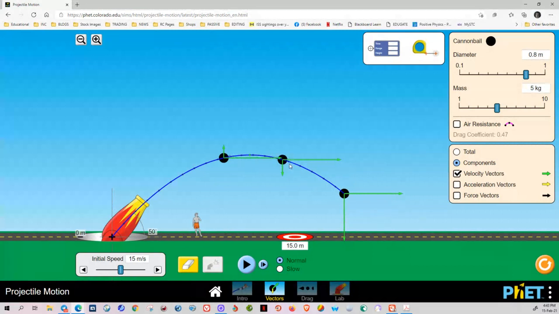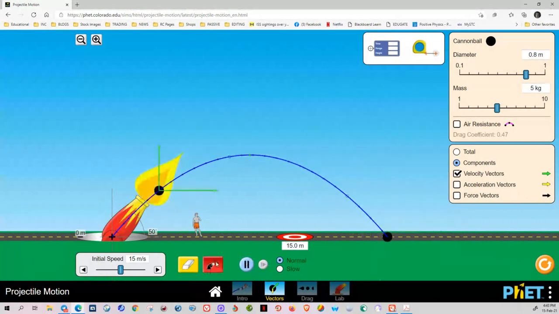That's the horizontal component of the velocity. What about the other one? At first, it's pointed up. It will reach a certain point where it will be almost or equal to 0, and then point straight down. That's the y component of the velocity.